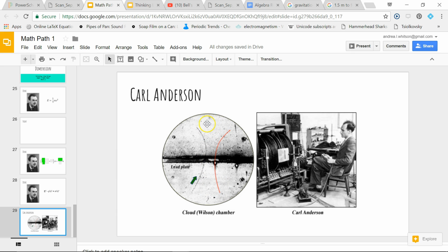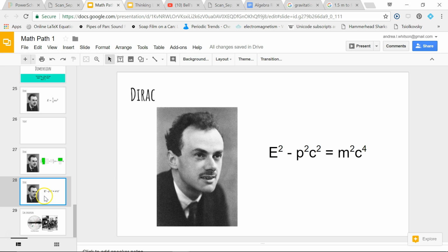So I guess the positive must be somehow going through here. So the positive charge is deflecting one, attracting the other, and that was how we confirmed what Dirac, following his simple rules of Algebra 1, was able to predict with his math.